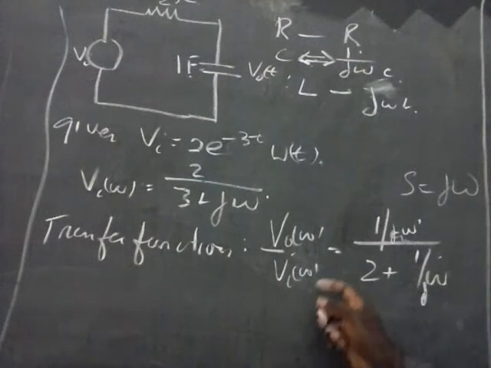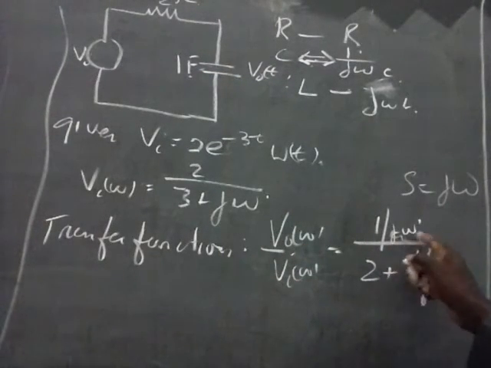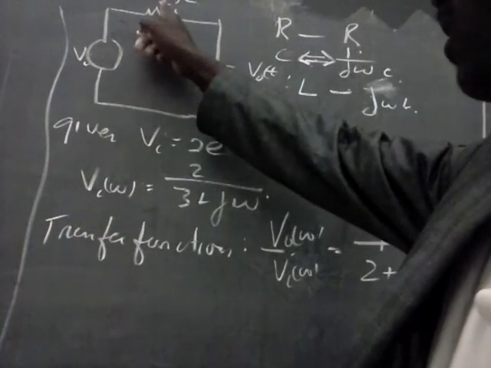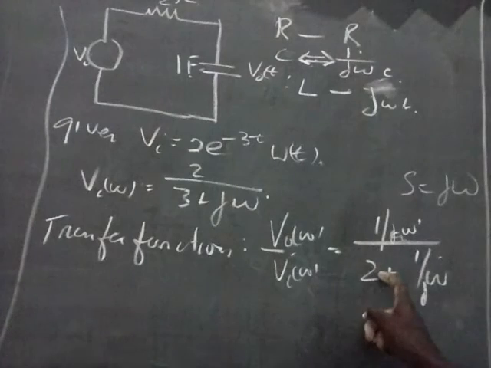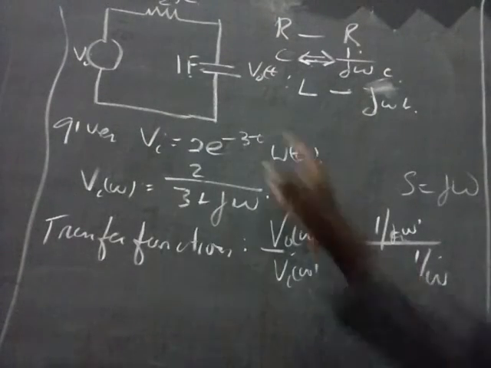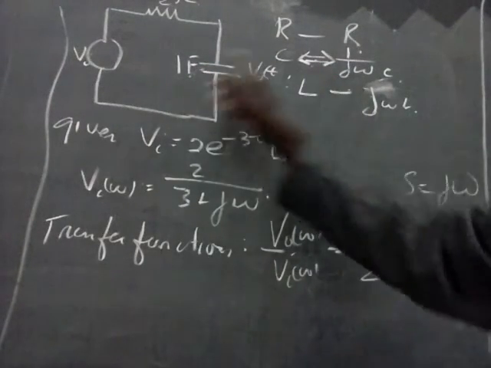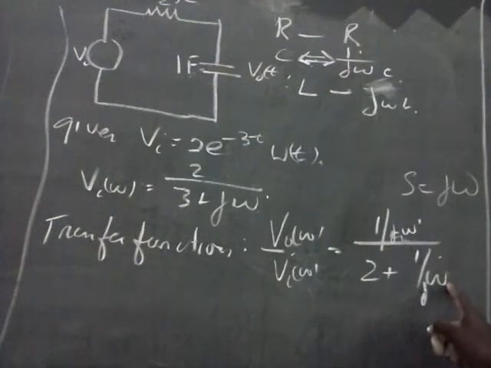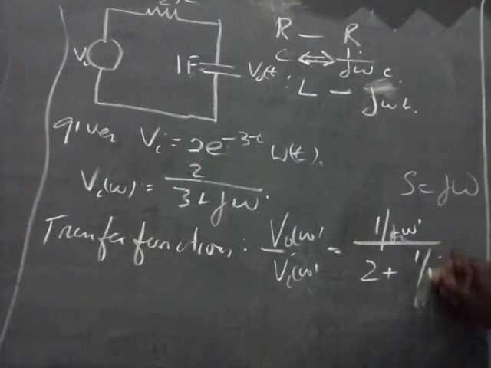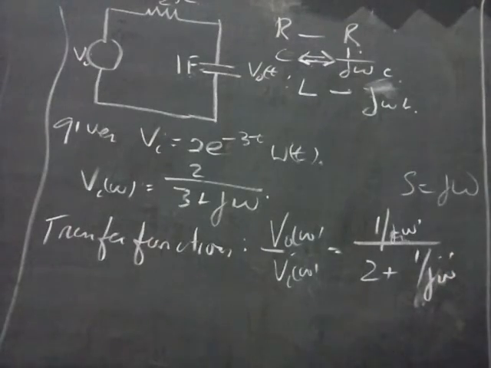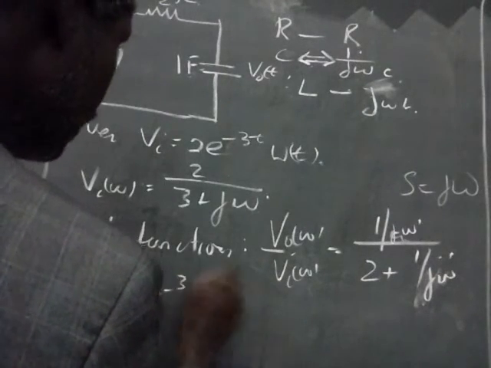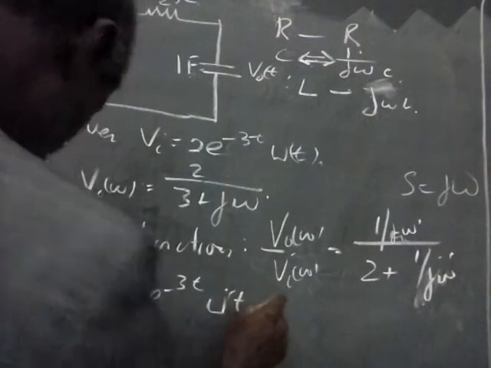So V0 over Vi is equal to 1 over the 2, by Ohm's law, plus 1 over j omega c, but c is equal to 1, so it's 1 over j omega. But it is given that Vi is equal to 2e to the minus 3t unit step.